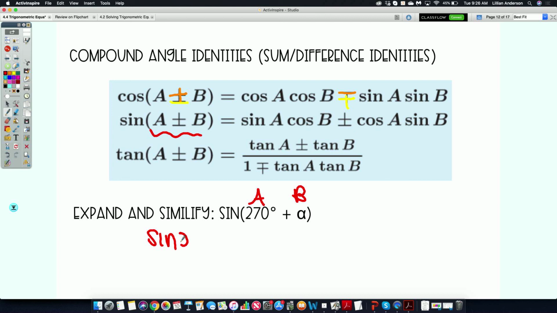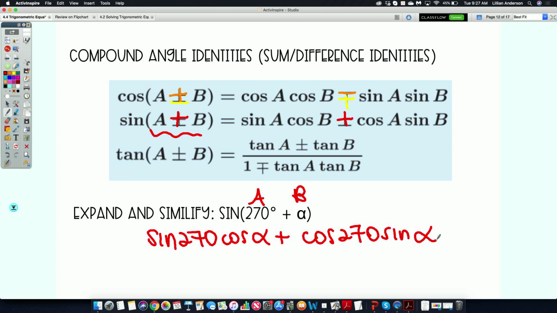So that becomes the sine of 270 degrees, cosine of alpha, plus, because plus goes with plus when it comes to sine, cosine 270, sine alpha.